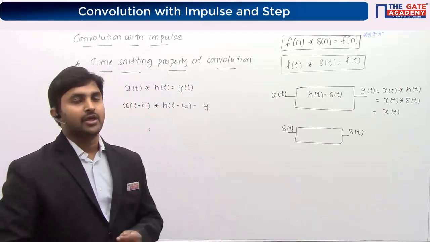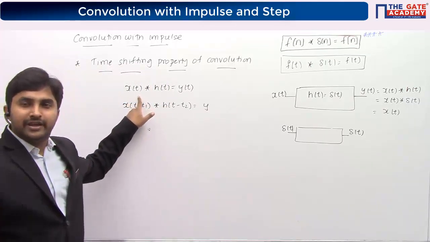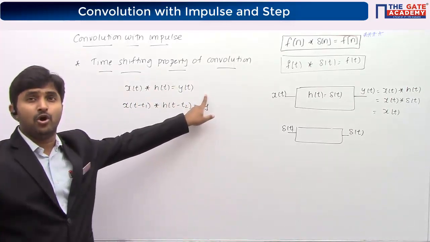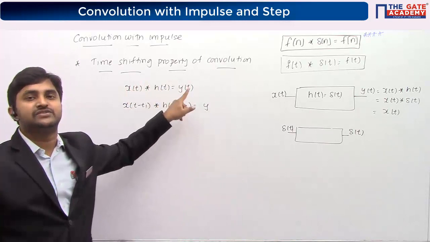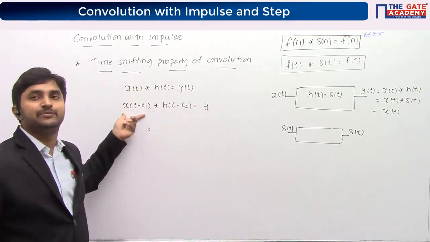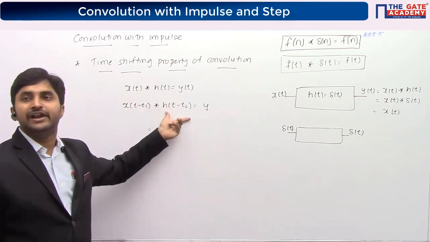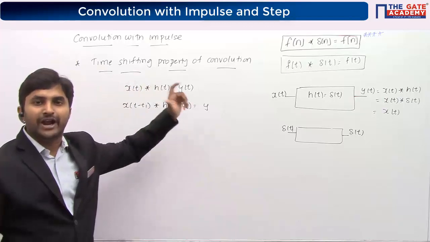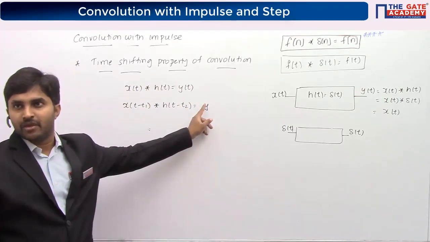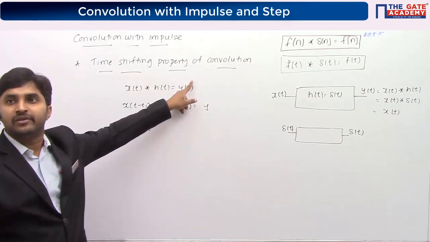For example, if you have already done the hard work and found that the convolution of x of t and h of t is y of t, and now you have a delayed input, x of t minus t1, and a delayed h of t, is it required to do the convolution once again to get the result?